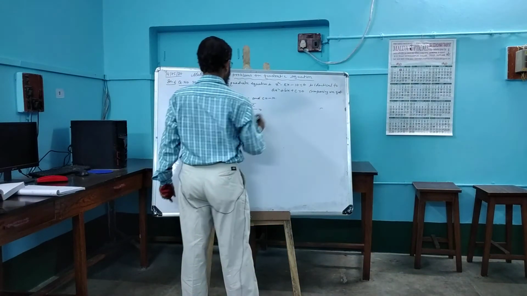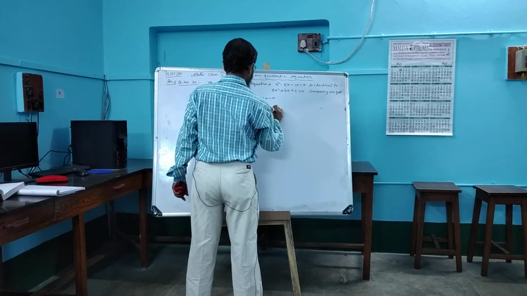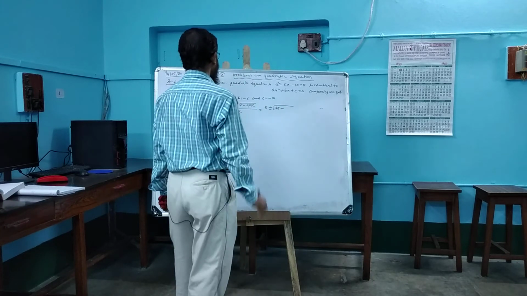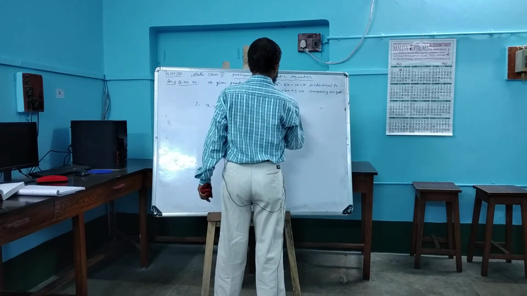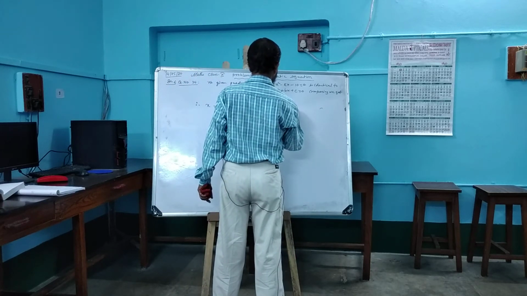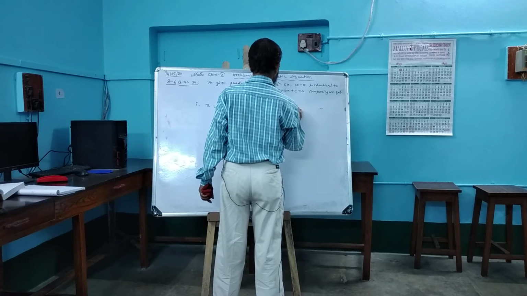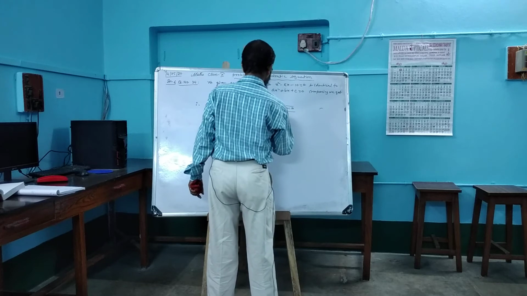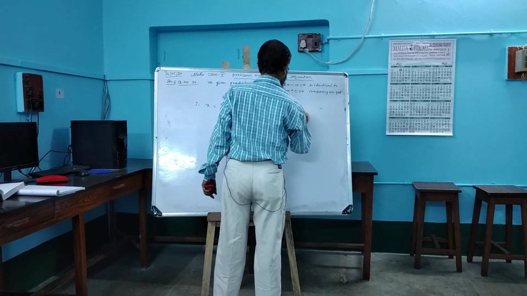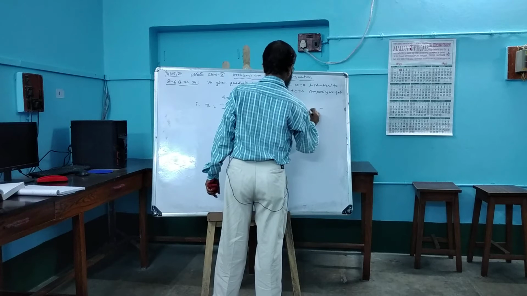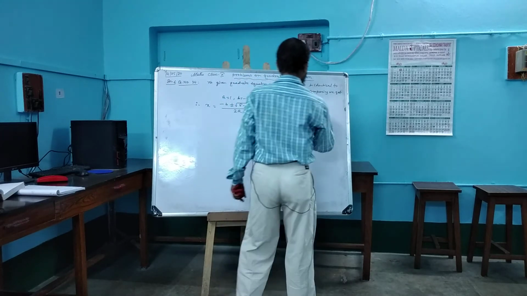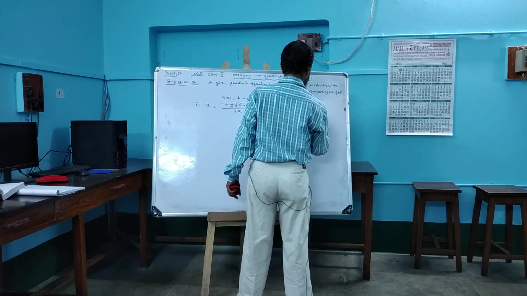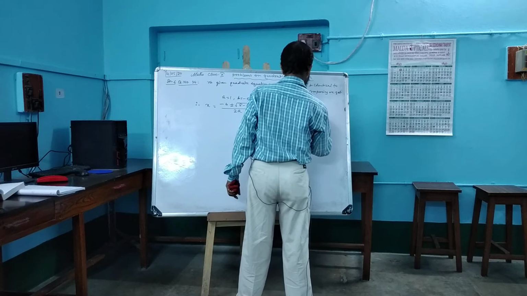This equal to minus b, that means 5, plus minus root over b square 25 minus 4ac, that is 4 into a into c, by 2 into 1, that's equal to 5 plus minus root over 25 plus 40 by 2.